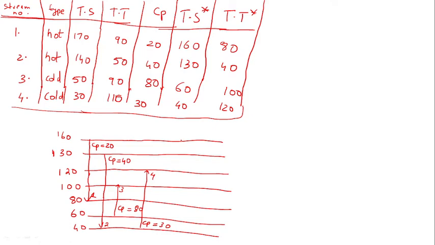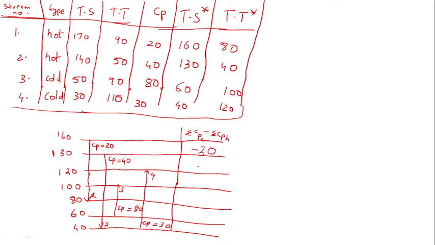So next we need to do the calculation, that is the difference of Cpc and Cph in a particular line, that is sigma Cpc minus sigma Cph. Here no cold stream is present, so Cpc minus Cph will be minus 20.